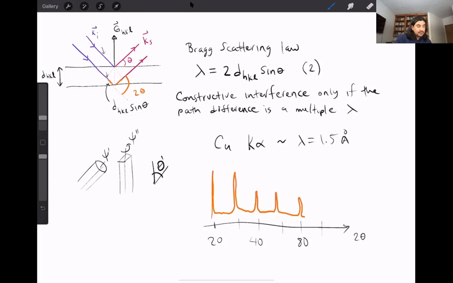There's still some background. And what you have is that this intensity is related to what plane you're in. So what you were changing is this 2 theta.